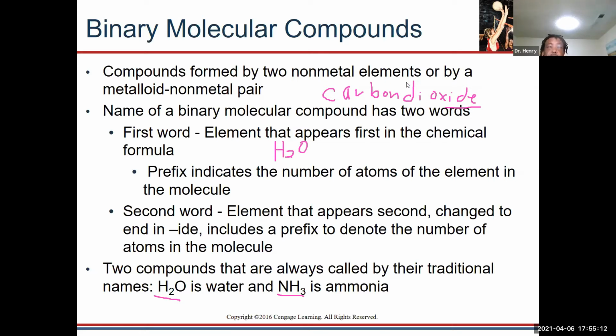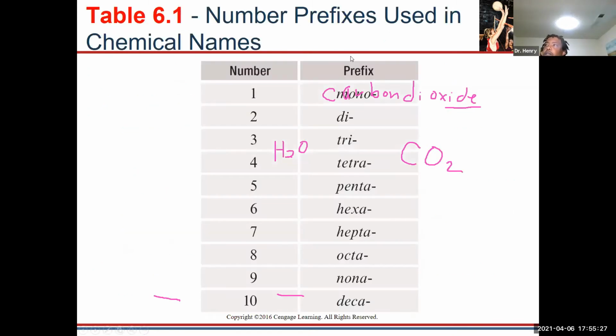This lets us know that there are 2 oxygens. So we know that it has 1 carbon and 2 oxygens, carbon dioxide. We have these Greek prefixes: mono, di, tri, tetra, penta, hexa, hepta, octa, nona, deca.